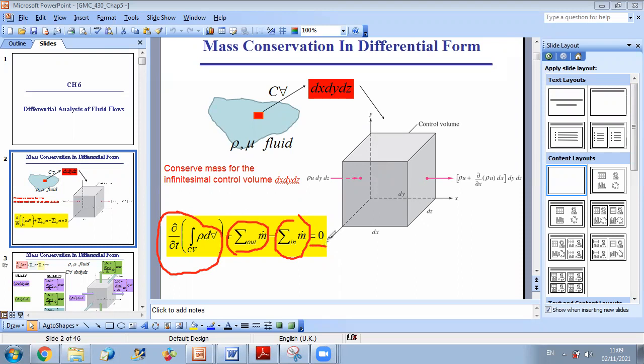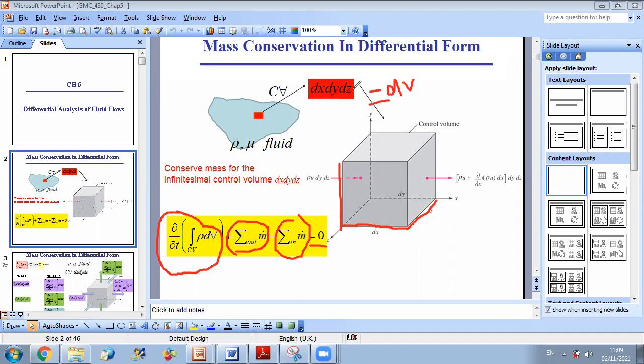Now, for example, if we consider the following elementary volume of dimensions dx, dy, and dz, we can say that the elementary volume dV is equal to dx times dy times dz.